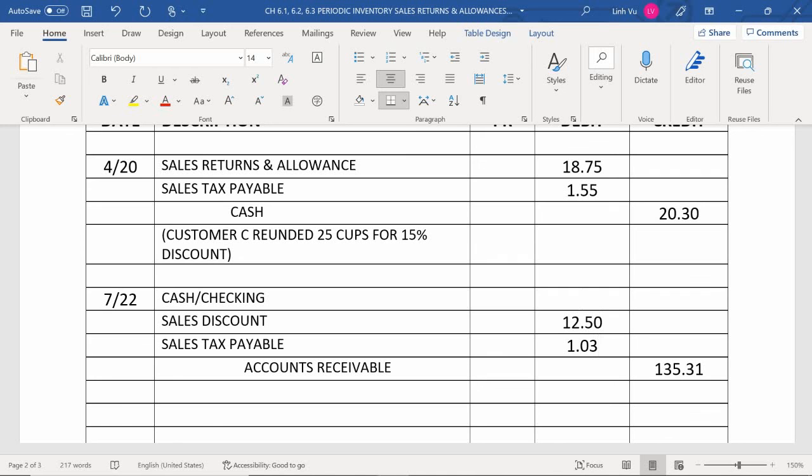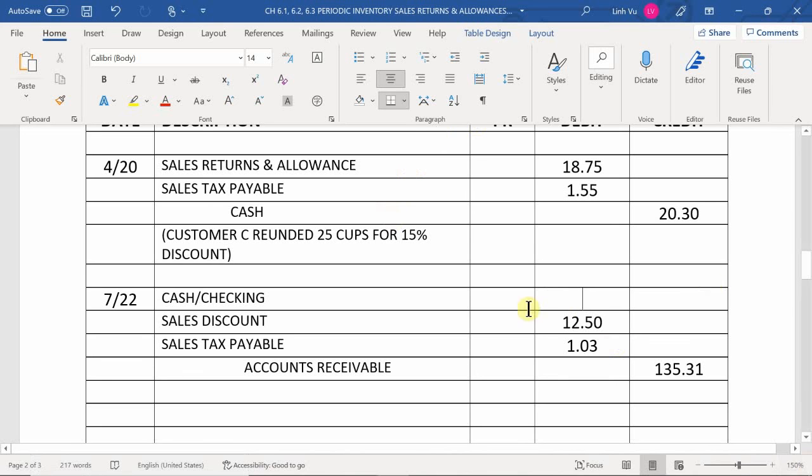So therefore, what's the grand total amount that I am going to be receiving from customer B? 111.47.